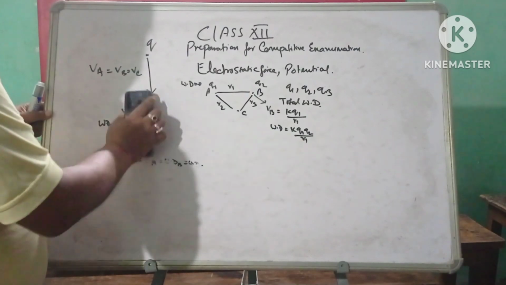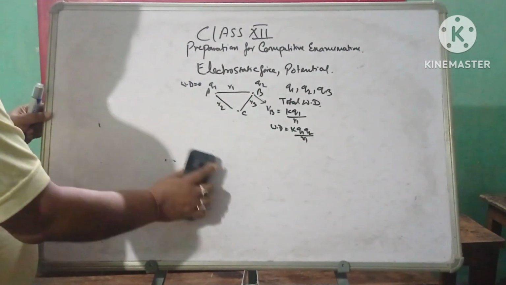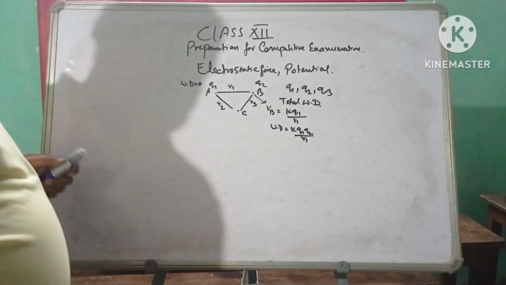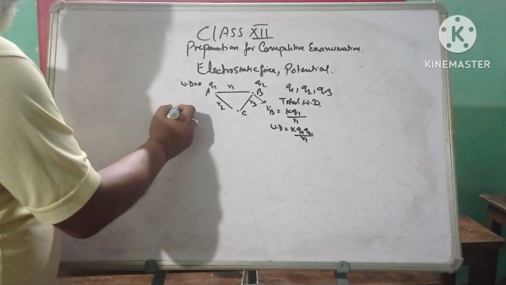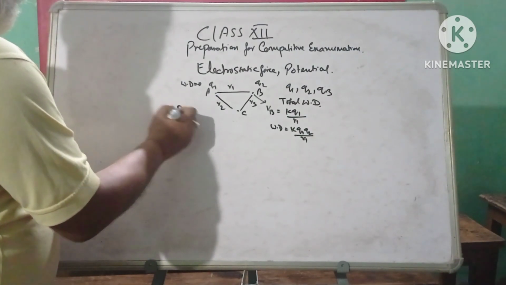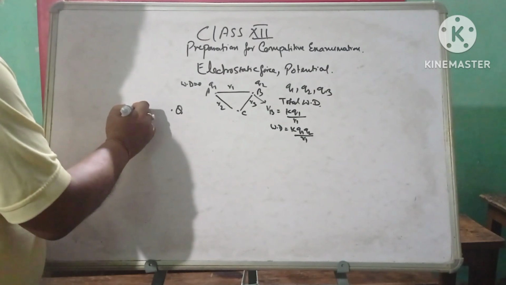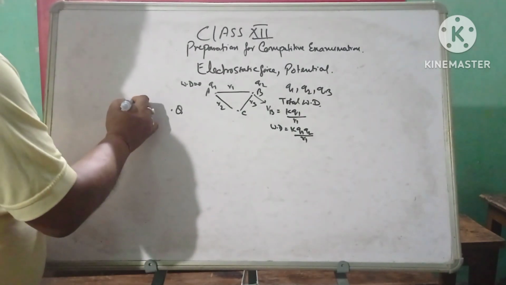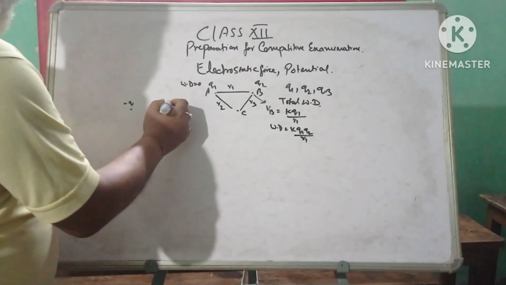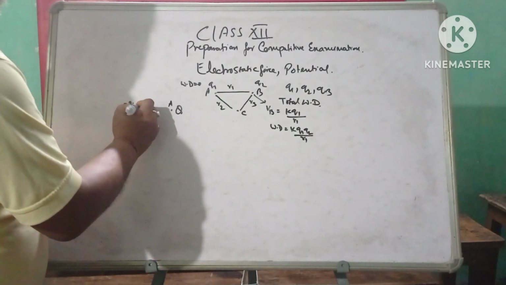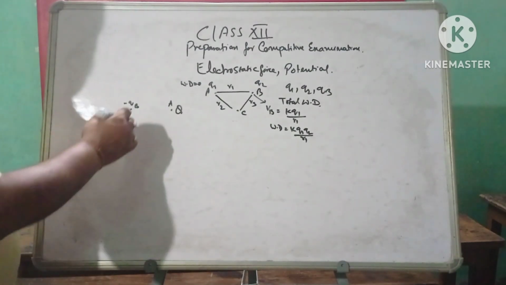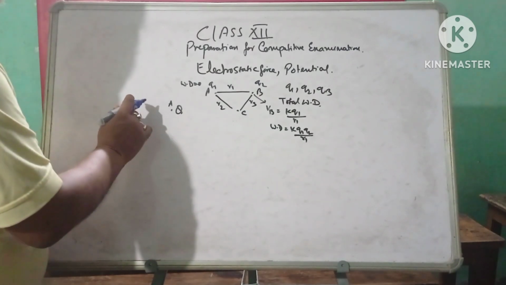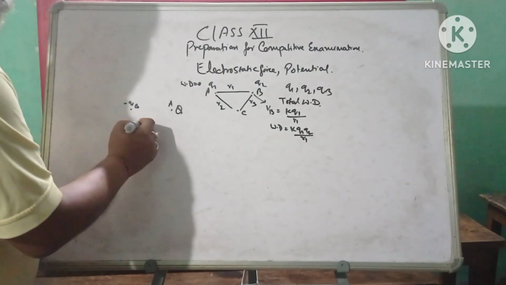Suppose here is some charge, say Q, and here is some charge, say minus Q. This is say A and this is B. Now you bring this charge Q from B to C.